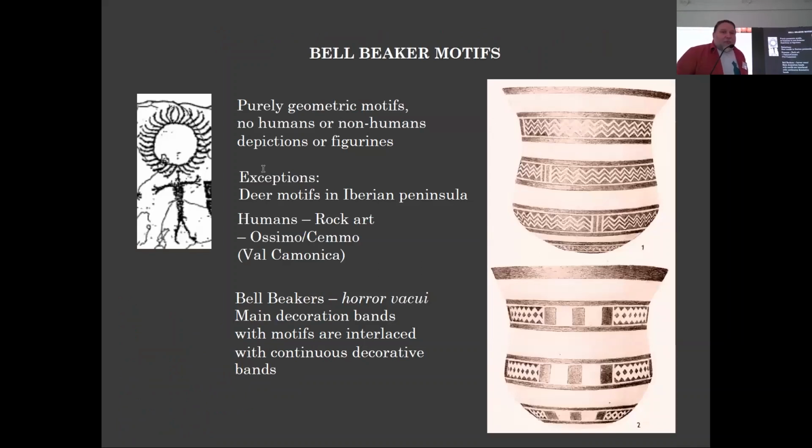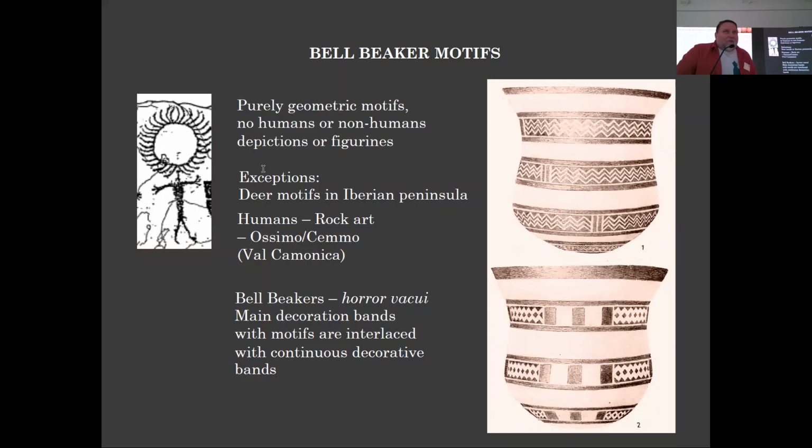Okay, so reading the Beaker motifs, when we study them, we have to bear in mind that the majority of them are purely geometric motifs. We have no human or non-human depictions of figurines as such, especially in, let's say, the central and eastern part of the distribution of the bell beaker phenomenon.